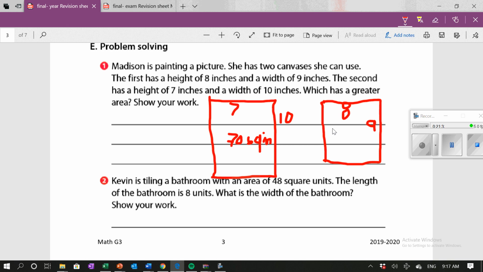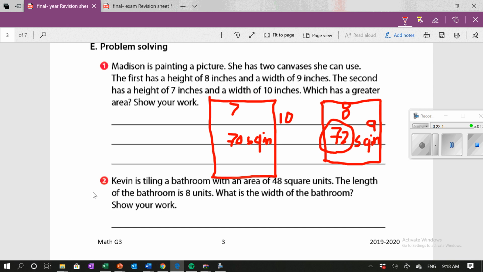It's 72 square inches. Which has a greater area? This one. So that's it. I'm just drawing, putting my length and width, multiplying by applying the formula A equals L times W. Then I compare the results. Here I have 70 and here is 72.